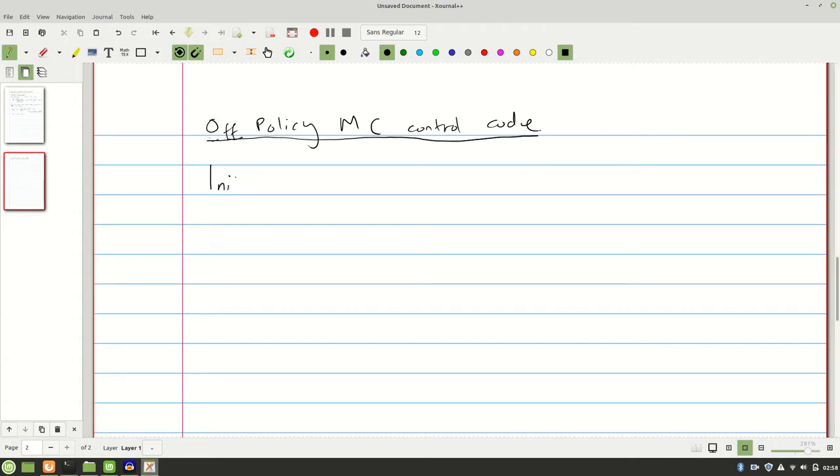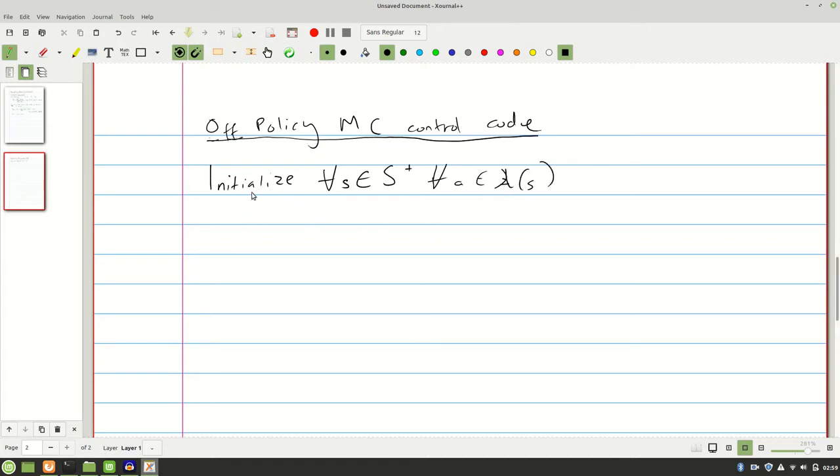First things first, we're going to initialize, for all states s an element of S, and all actions in the action space.